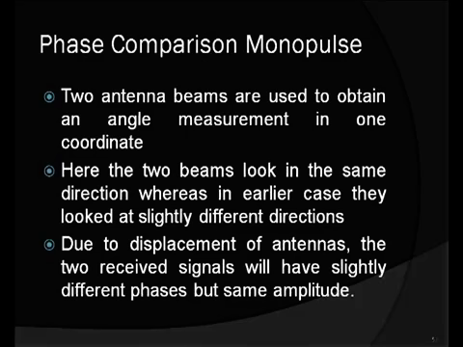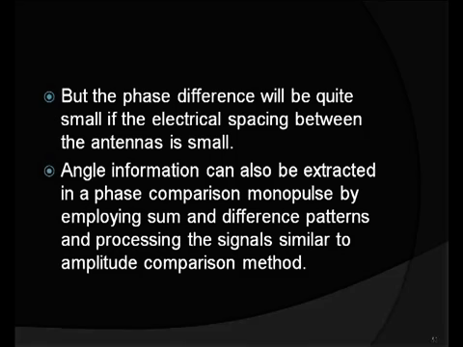Due to displacement of the antennas, the 2 received signals will have slightly different phases but the same amplitude. But the phase difference will be quite small if the electrical spacing between the antennas is small. So angle information can also be extracted in a phase comparison monopulse by employing sum and difference patterns and processing the signals similar to the case of the amplitude comparison method.